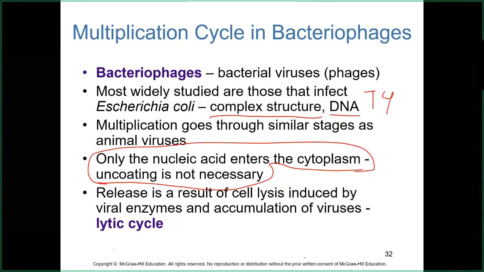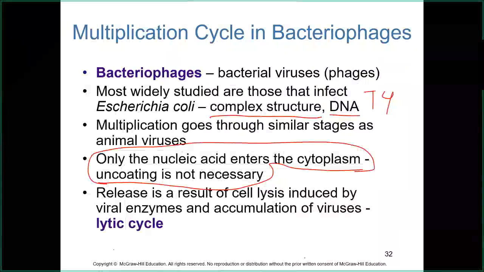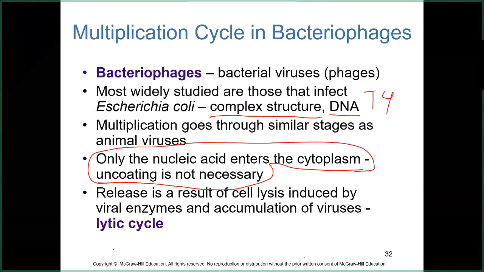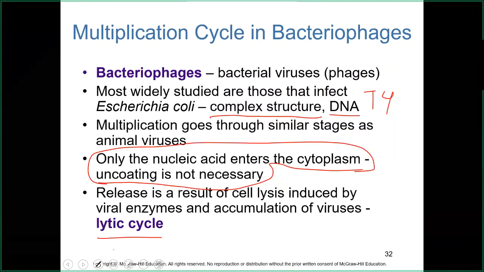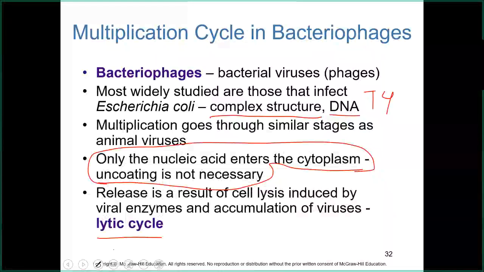Now, thereafter, though, once that genetic material is in the host cell, there are different directions that can be taken. Right. So frequently, what we see is a lytic cycle that's carried out, and this is where the genetic material, the DNA, codes for messenger RNA. The messenger RNA codes for protein. Capsid parts are produced. New genetic material is produced.